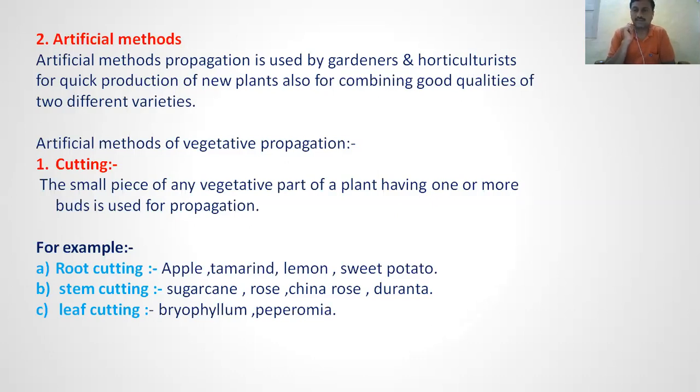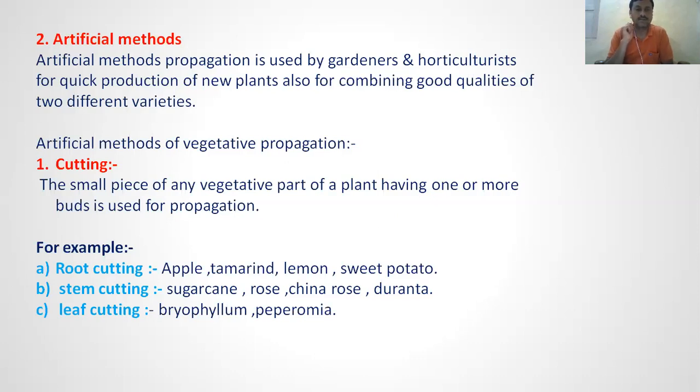Cutting means a small piece of a vegetative part of the plant having one or more buds is used for propagation. Any piece of the vegetative part of the plant can develop new offspring. This process is called cutting.